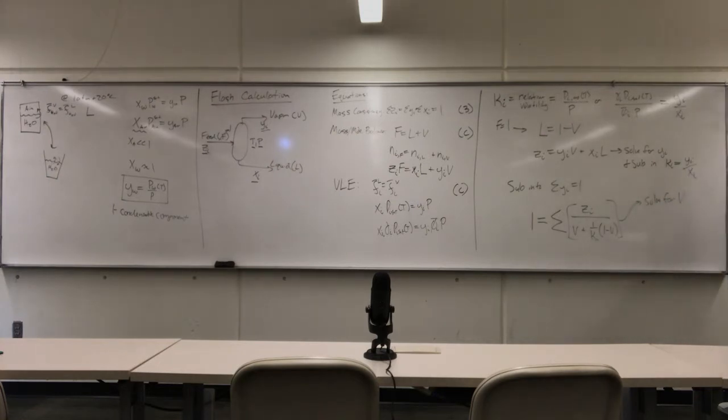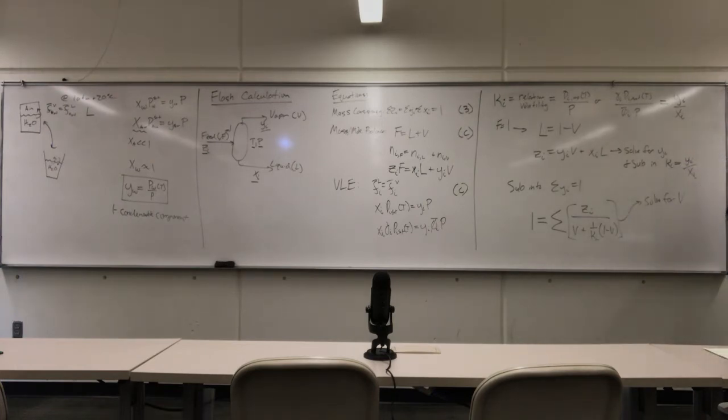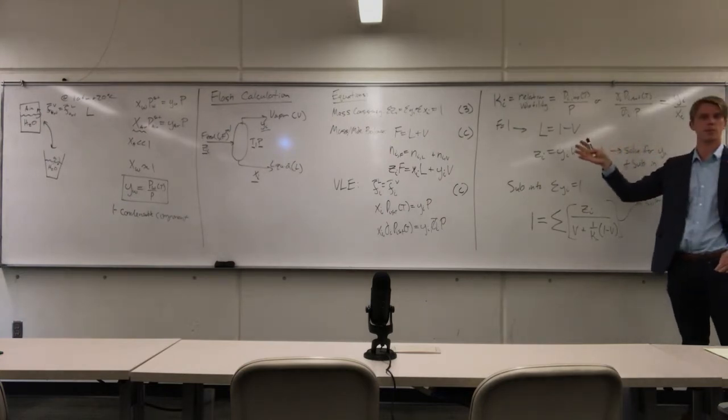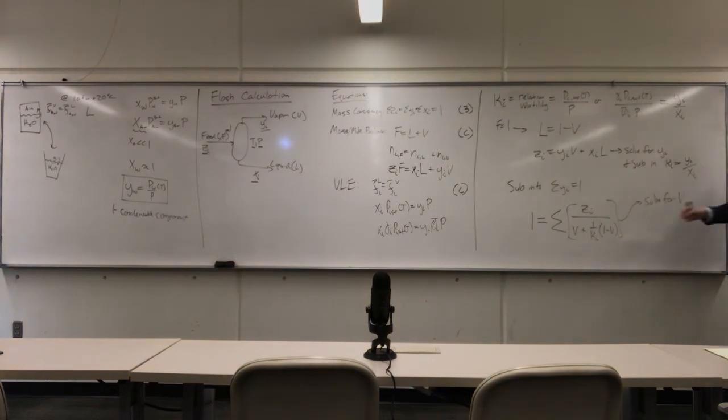So in general, this is going to be able to solve what I would call our standard flash calculation. Our standard flash calculation is one where we know all of the feed composition and we're trying to figure out what the outlet products are. And this is going to be the most convenient way to accomplish that task.